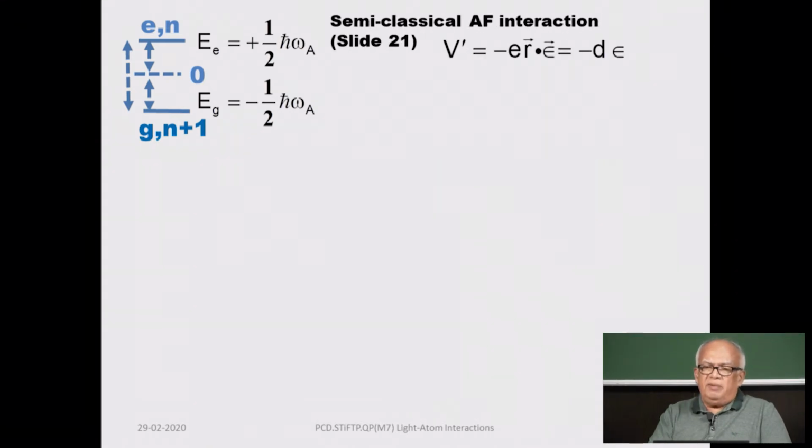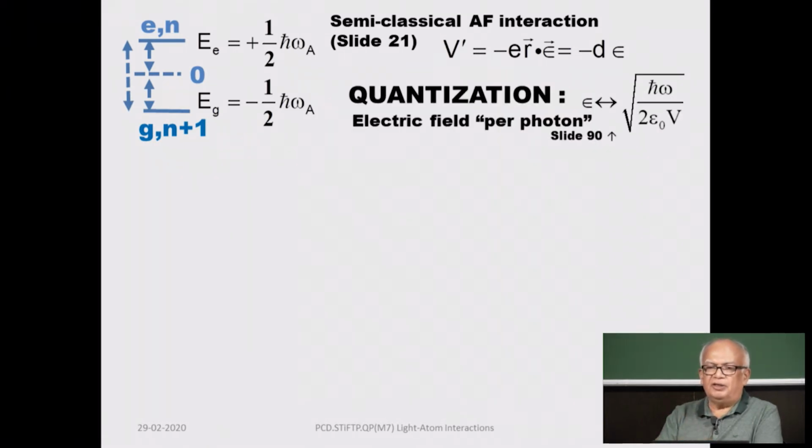Okay, so in the semi-classical description, you had the interaction represented by d dot E, and it is then proportional to the dipole moment and the strength of the electric field. Okay, that is the strength of the interaction.